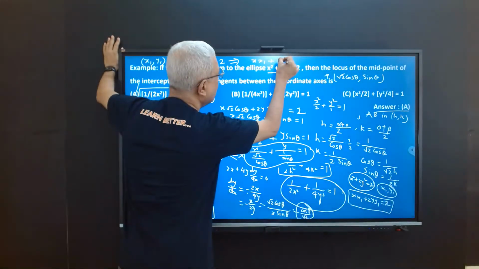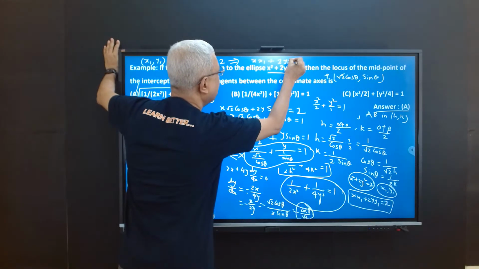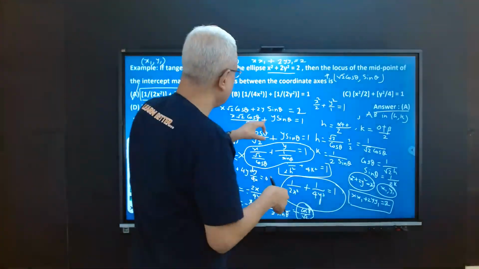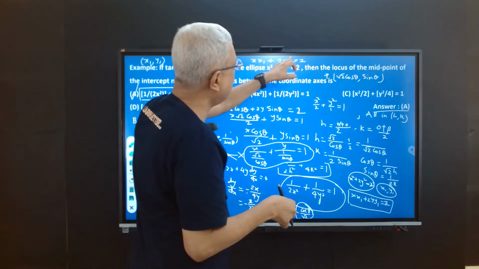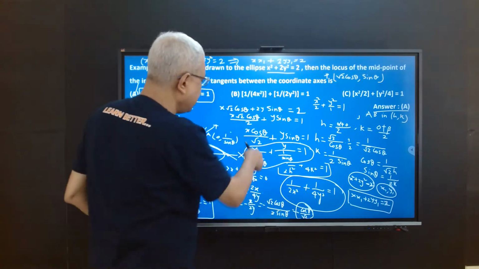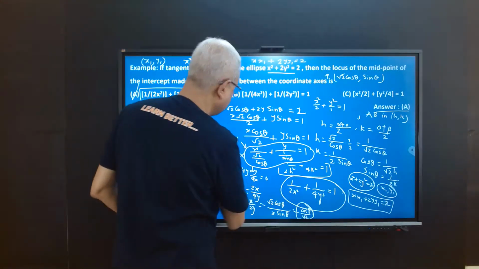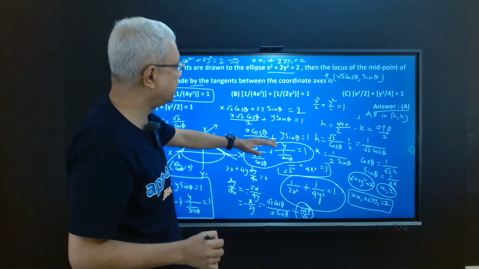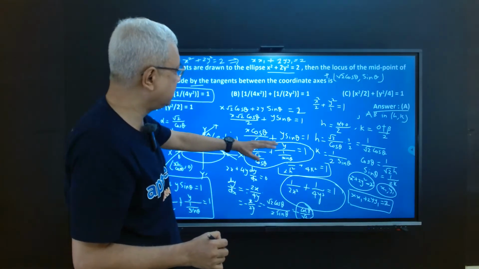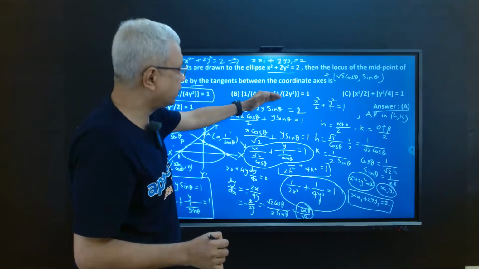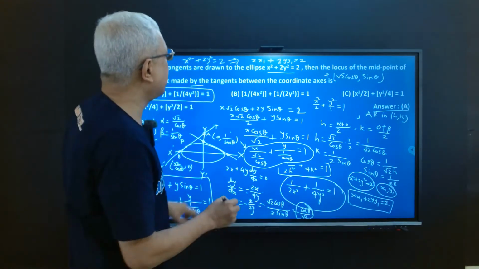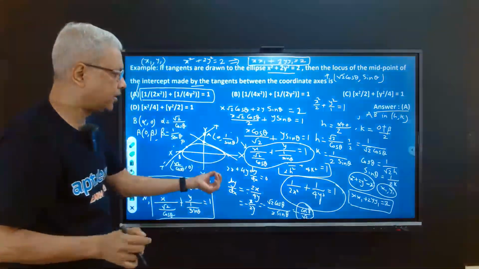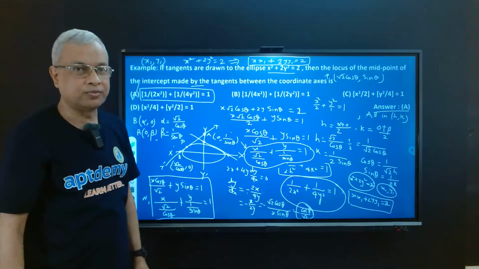So 2y y1 is equal to 2 in the given equation. And x1 is equal to root 2 cos theta, substitute, and y1 is equal to sin theta, and readily you can write the equation of the tangent like this. So you need not differentiate the equation, you need not determine gradients, you need not determine the equation of the straight line. Readily you can write like this and solve the problem quickly. This is a small tip for handling such type of problems.